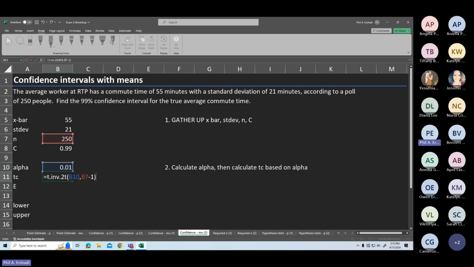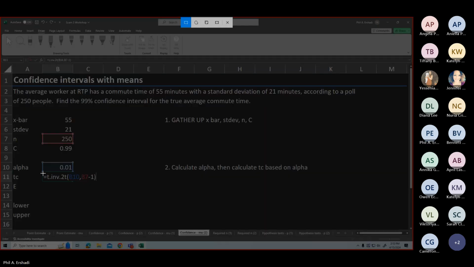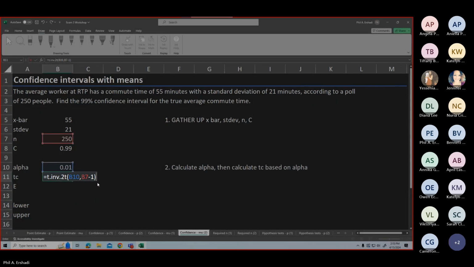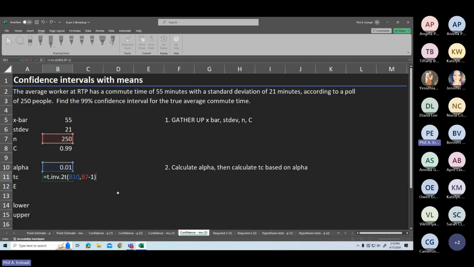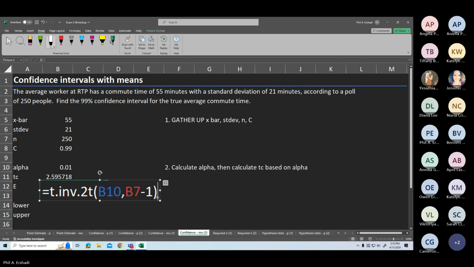I'm just entering n minus 1 directly. So press enter and pop that in. All right, so now that we know that, let me go ahead and make the notes above here to show that this is my alpha and this is my n minus 1.